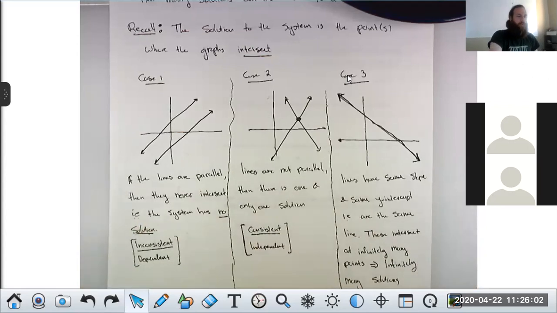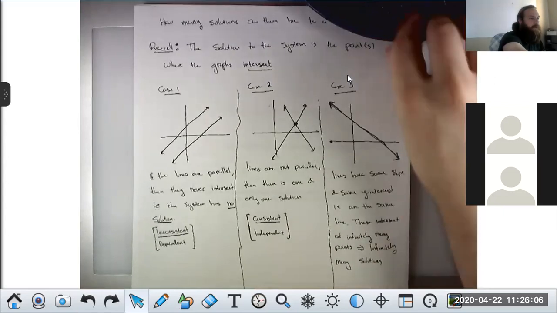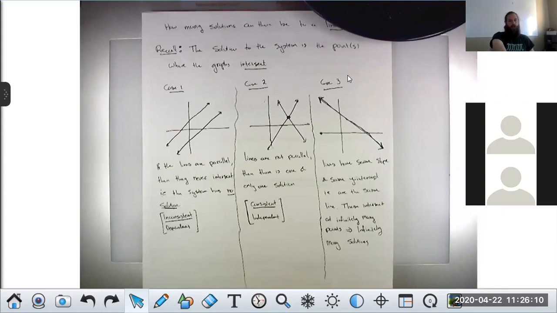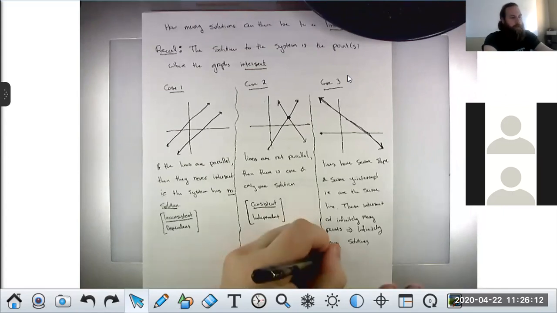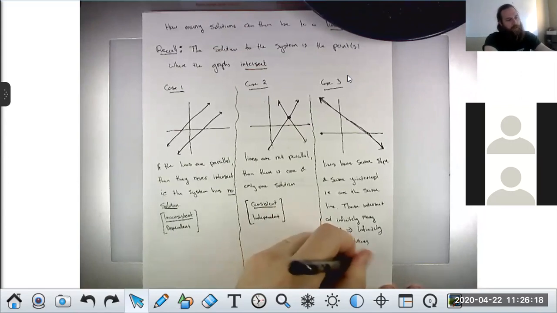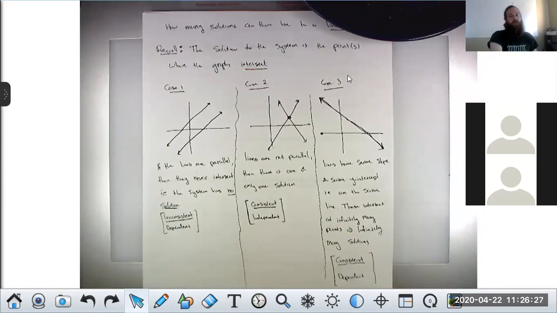So one of the questions we should be ready to answer is, how do you know which one of these cases you're in? Of course, you can always graph the lines. This, by the way, we would refer to as being consistent and dependent. Consistent because there is a solution, but also dependent because the two lines are not linearly independent.